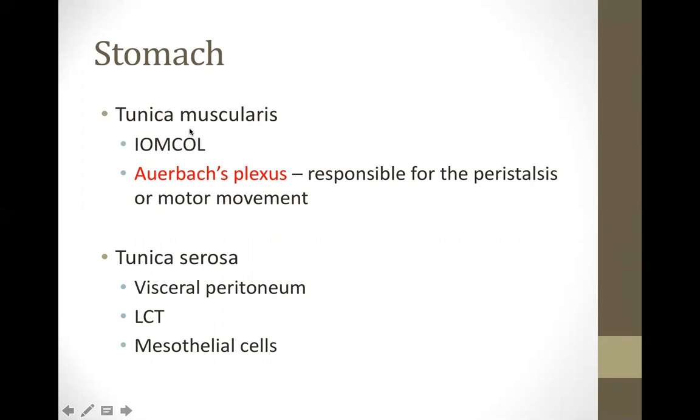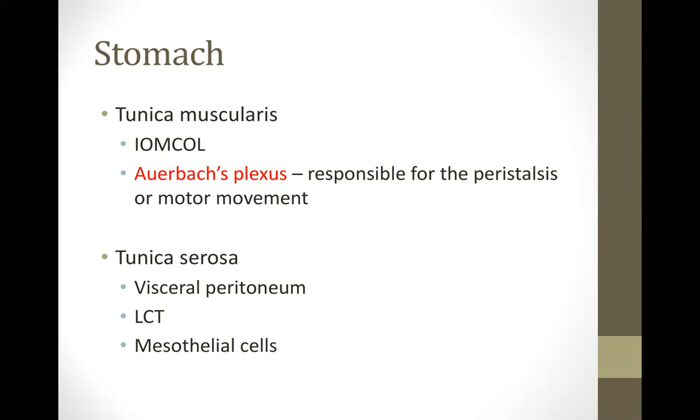That's the orientation of the smooth muscles found at the tunica muscularis of the stomach. It's inner oblique, middle circular, outer longitudinal. Okay, in between those layers or in between those muscularis orientation, you may find Auerbach's plexus or myenteric plexus.